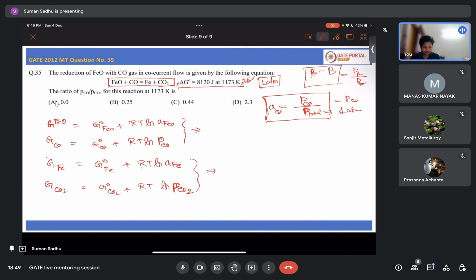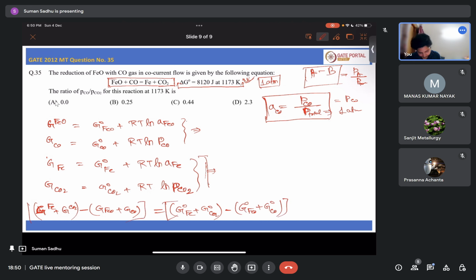Now if you add these two and then subtract these two, product minus reactant, then on the left hand side you will get G of Fe plus G of CO2 minus G of FeO plus G of CO. Similarly on this side we will get G naught of Fe plus G naught of CO2 minus G naught of FeO plus G naught of CO, and then plus RT ln.